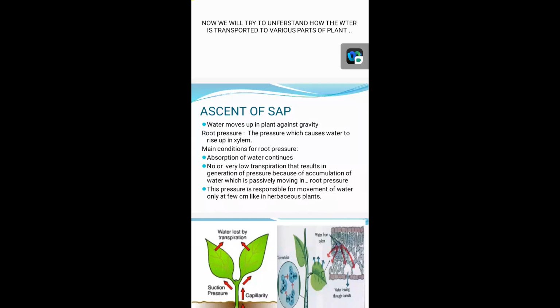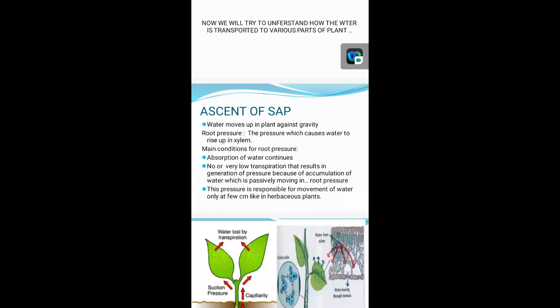So what is root pressure? How is the root pressure created, and how does it help the movement of water? We need to understand root pressure and how much water can be transported upwards with this pressure.